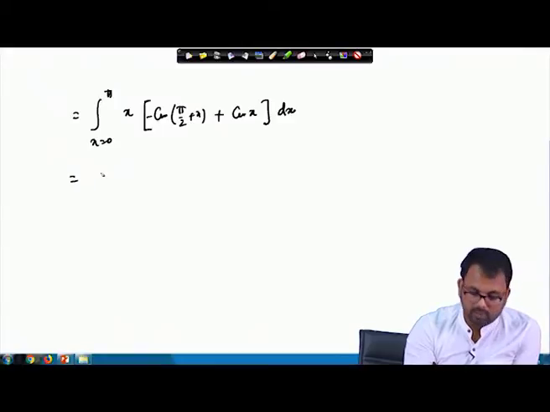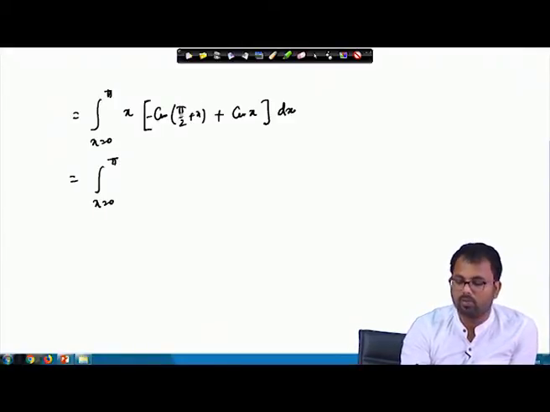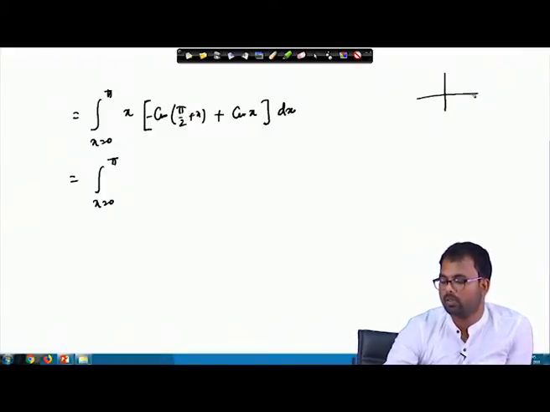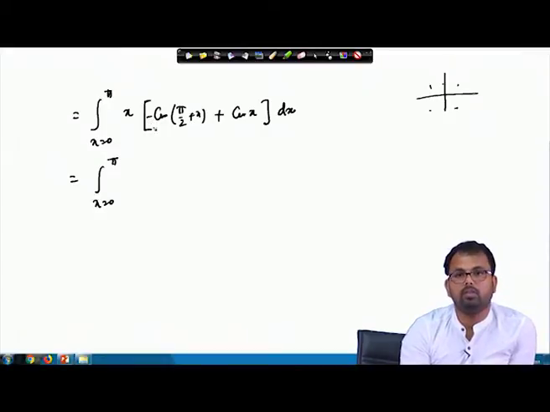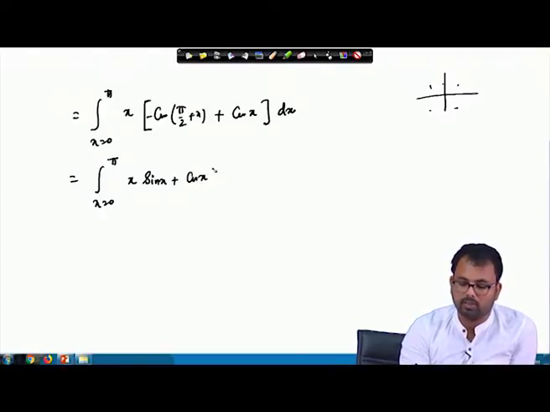We know that in the quadrant rule, all sine, tan, cos. So, for pi by 2 plus x, cos will change to sine, and since sine is positive, cos is negative here. So, negative and negative will turn into a positive. So, here we will have x sin x plus cos x dx.